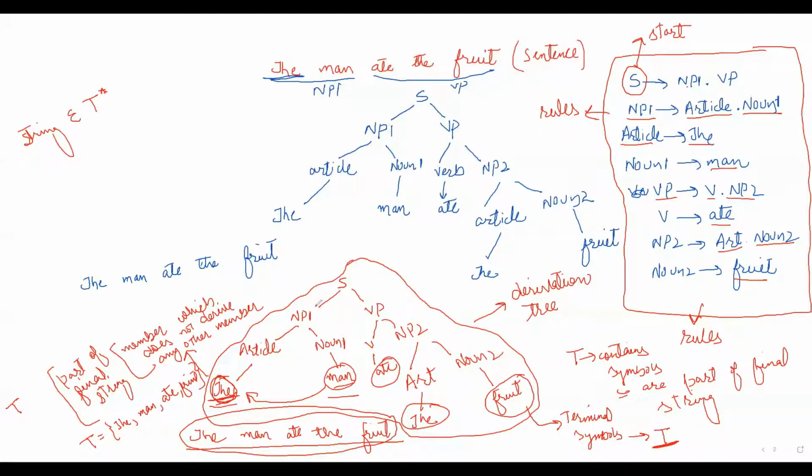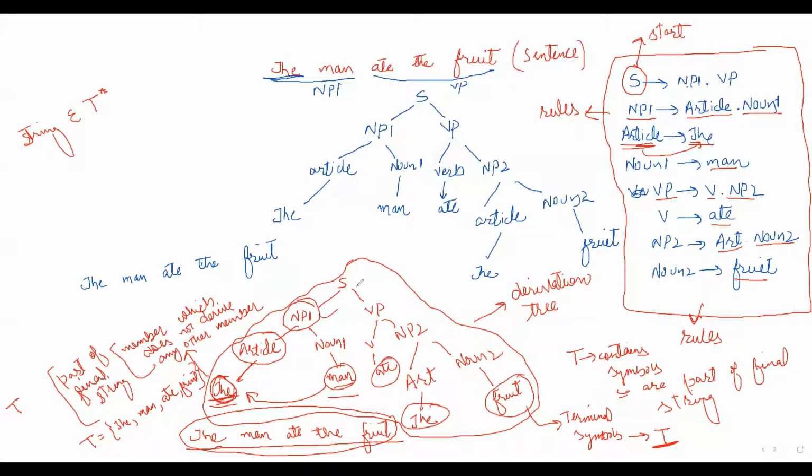And then there are symbols from which new symbols can be generated. For example, from article we can generate the. These symbols are not part of the final sentence.